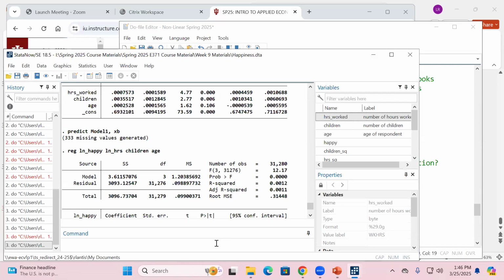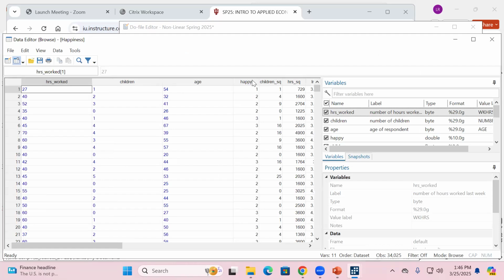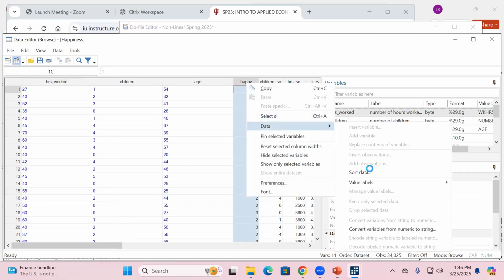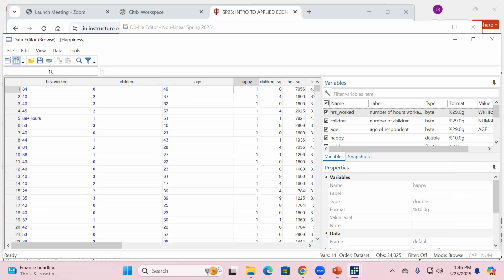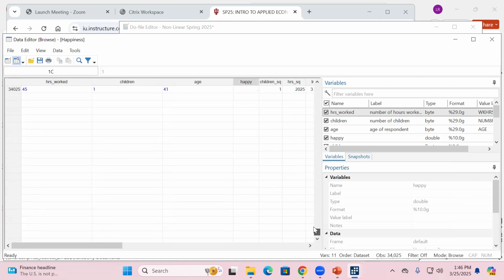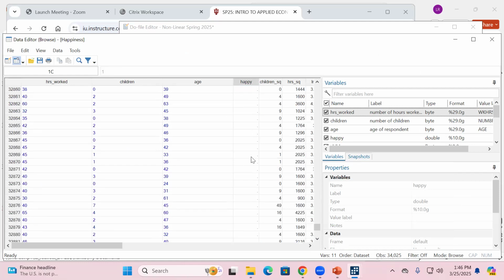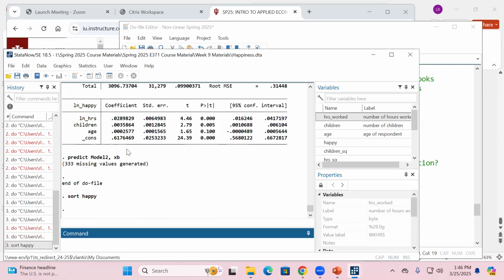There must be some zeros in it, right? Sure enough, if I go here, this is also a nice, easy way to kind of cheat. I can sort the data. Oh, happiness, some of these are just missing values, so I can't take the natural log of that. It will let me know if it drops any values there. That might be a good indicator that maybe I should be careful using the natural log of this variable.